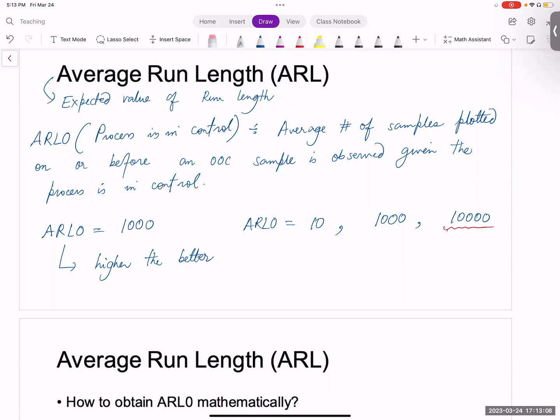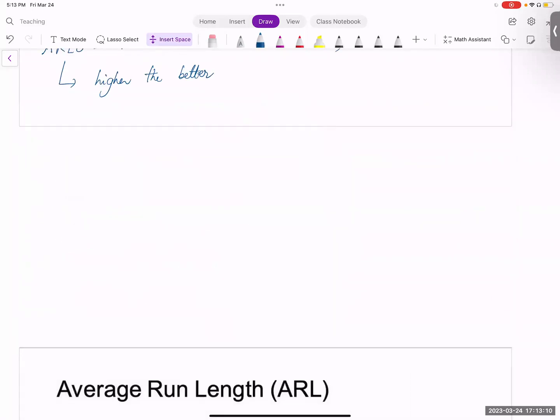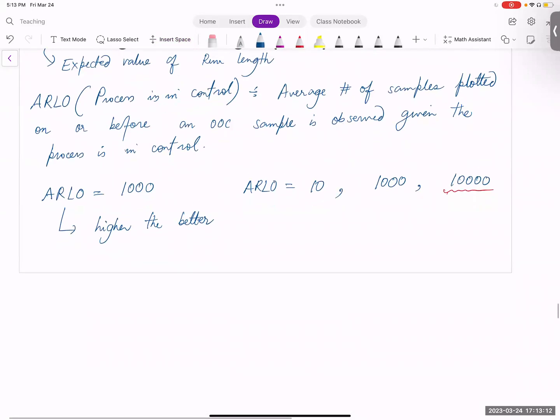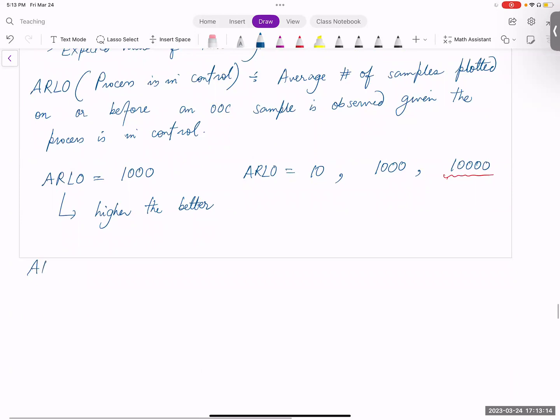Now let's talk about average run length for the out of control process. And when the process is out of control, we call it ARL1, which is process is out of control. Right? Now in this case, let's define this again.